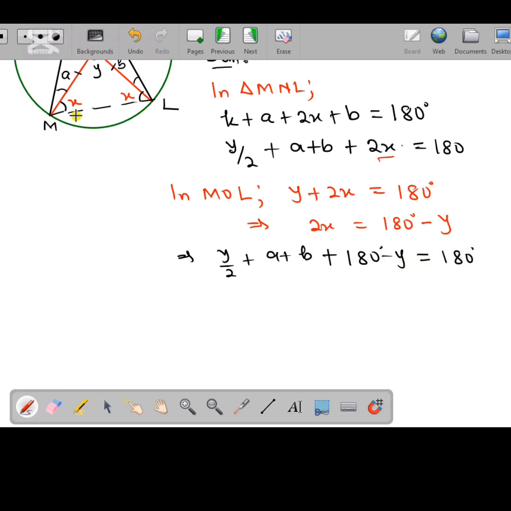And that makes it very beautiful. Our 180 will cancel this 180, so you just have 0 on the right, and then I can multiply through by 2 so as to clear this fraction, and that's going to give me Y here. 2 multiplying A and B will give us 2 into A plus B, and then here you now have minus 2Y, and that is equal to 0.